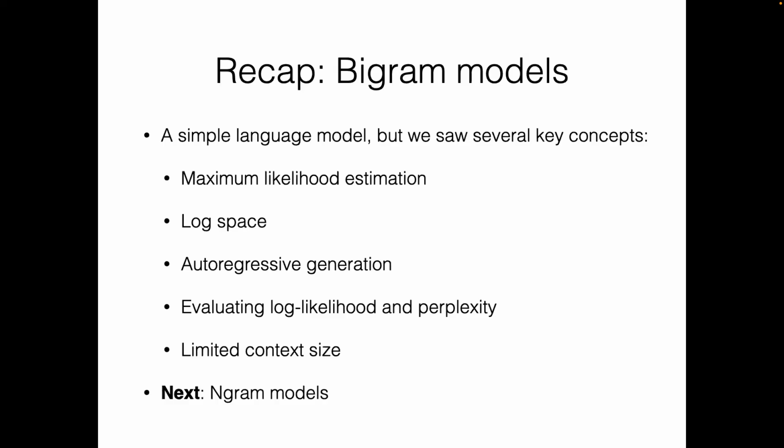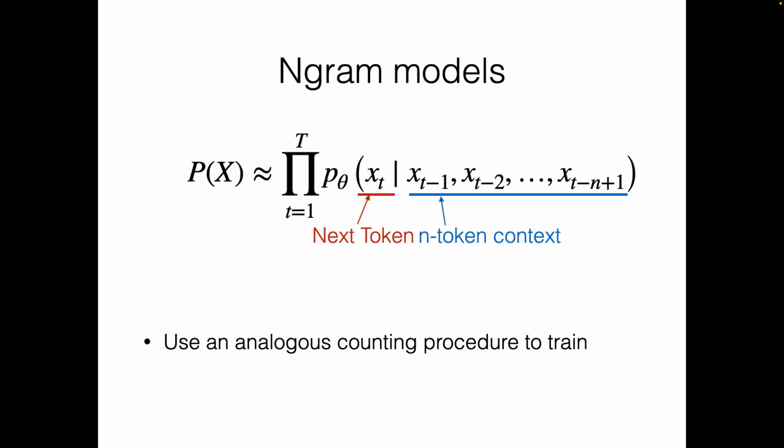So next we could consider generalizing this a bit to what are called n-gram models. In n-gram models, we consider the probability of the next token, but now we have an n-token context. So instead of just looking at one, now we have n tokens, or n minus one, maybe it should be n minus one. So you could have bigram models, trigram models, 4-gram, 5-gram, n-gram.